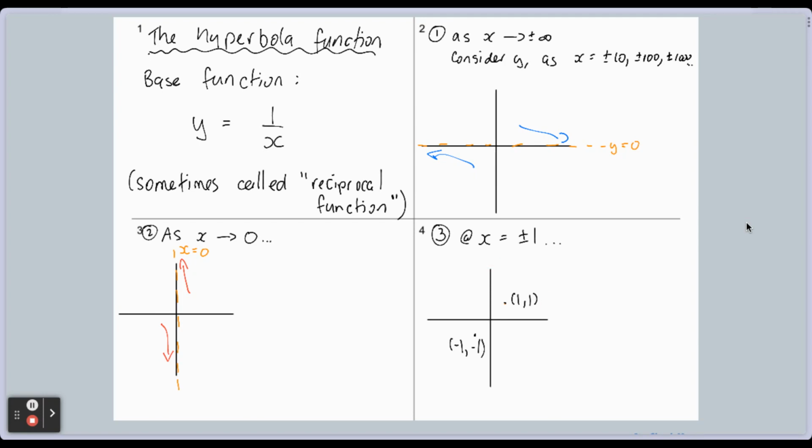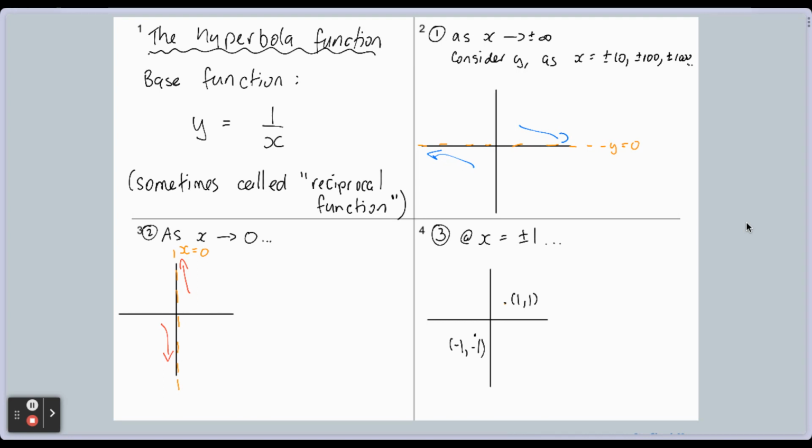So we can put all those 3 facts together to draw the hyperbolic function. Before I go to the next page and draw it in, I'll just ask you to imagine in your head, or if you want to, on a bit of paper somewhere, draw what you think it's going to be. I'm okay if you just do it in your head. But do it though. Actively engage your brain rather than just passively taking in information.